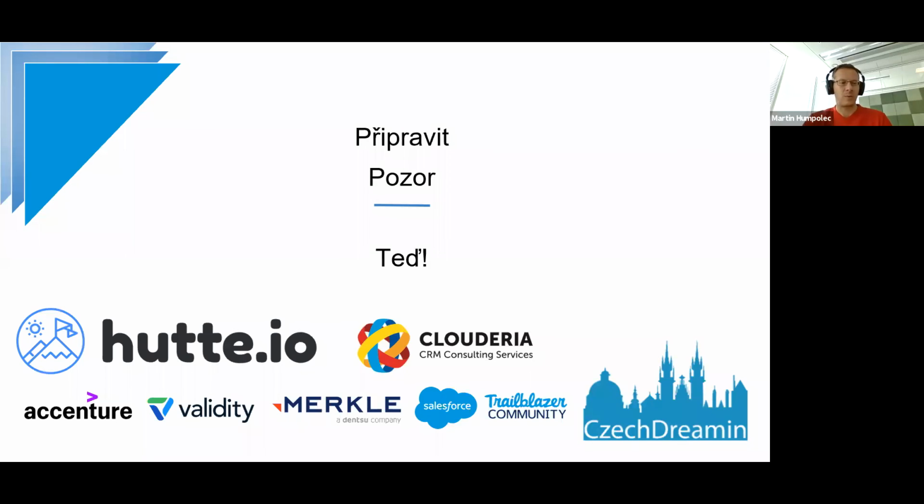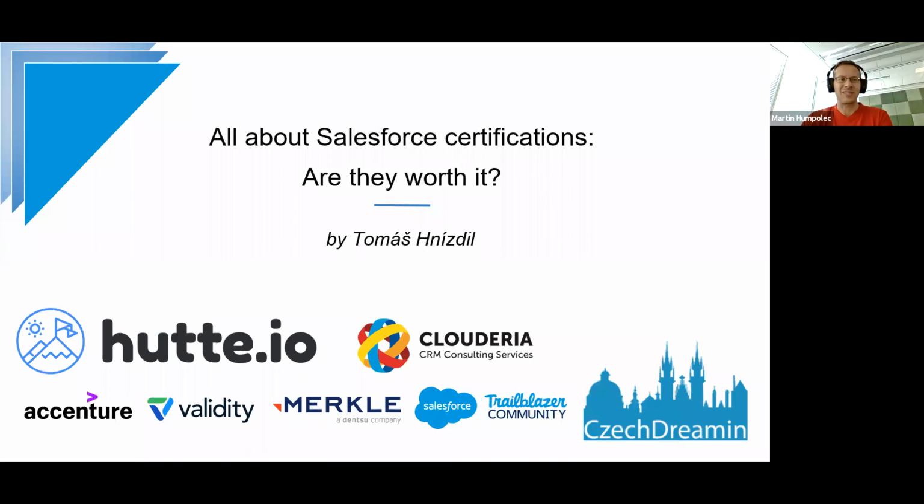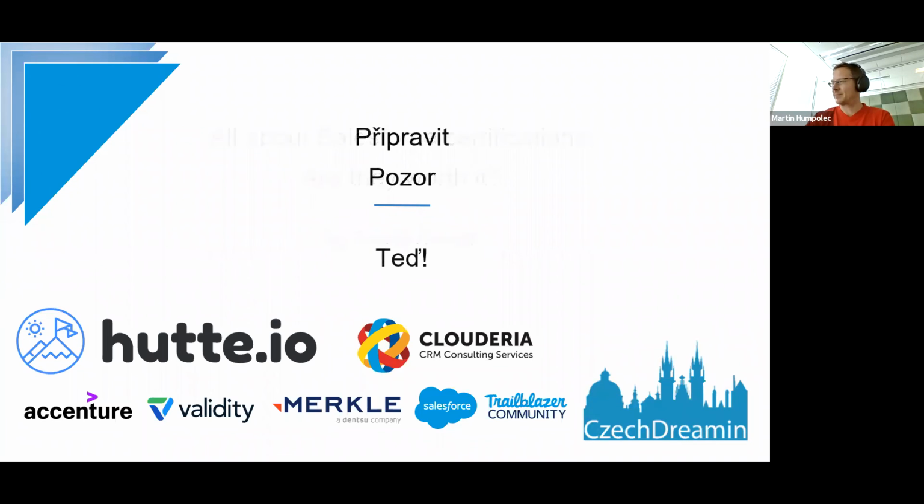Really looking forward how the regular admins will do it and how they will make it happen, because that's my biggest fear. When I speak with them, it's so easy to update the things in production. It's not so easy when they need to work with the change sets. But yeah. So next one.